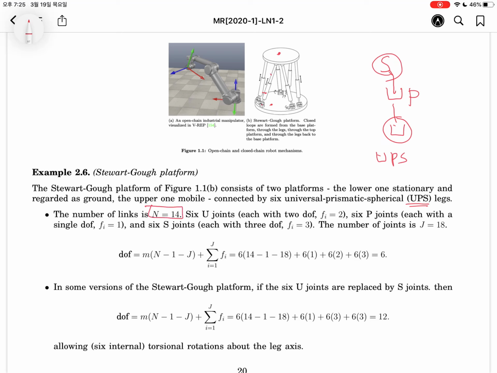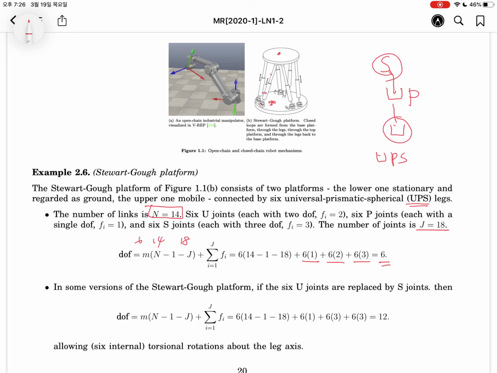So n must be 14. Let's count the joints: 1, 2, 3, 6 times, so 18. Here n is 14, m is 6, joints are 18: 6 universal, 6 prismatic, 6 spherical. So the result will be 6.